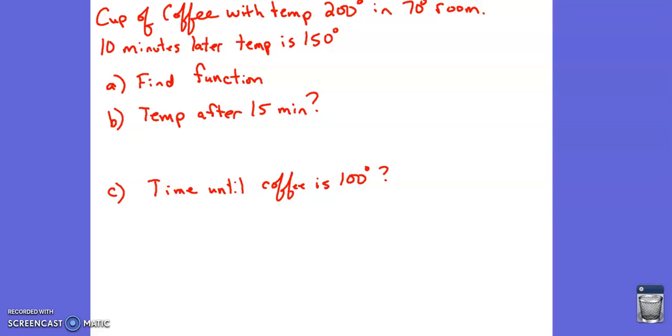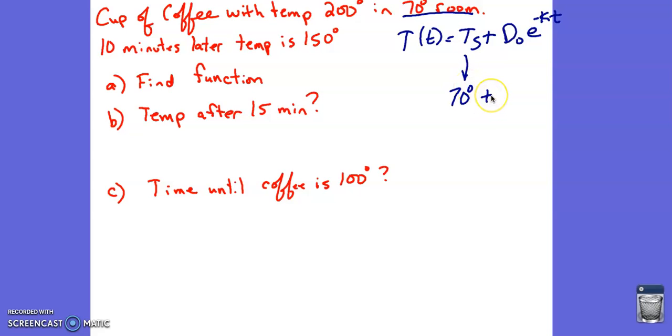All right, so notice, first of all, using this formula, we have 70 degrees as the room temperature. So that's what we're starting at, T of S, 70 degrees.